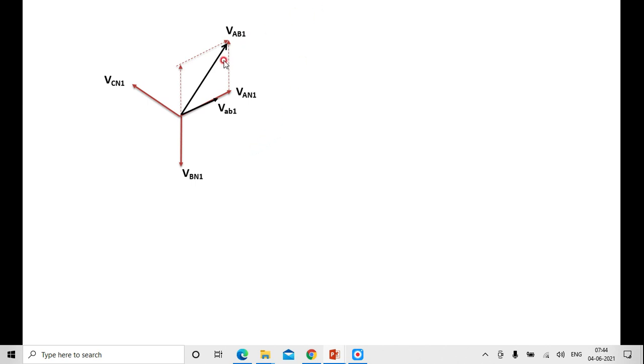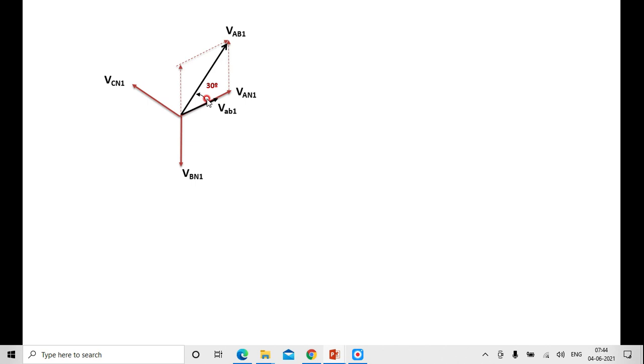Then if you compare the line voltage of the positive sequence on the star side and the line voltage on the delta connected side, that is lowercase VAB1, there is a phase displacement of 30 degrees. In other words, the star connected positive sequence line to line voltage leads its delta connected line to line voltage by an angle of 30 degrees.